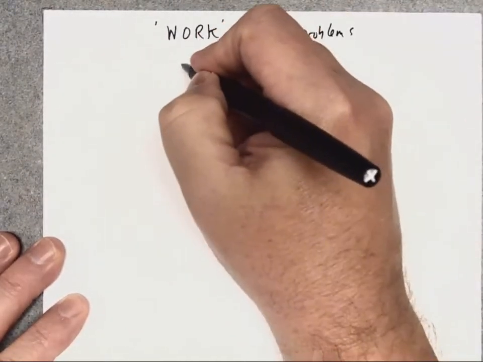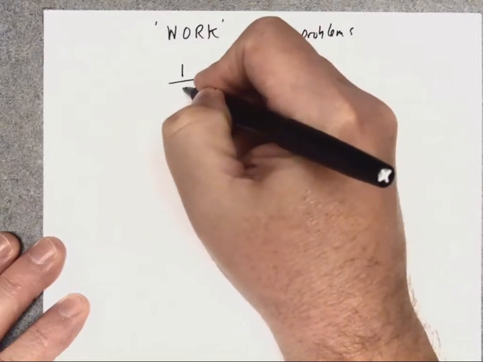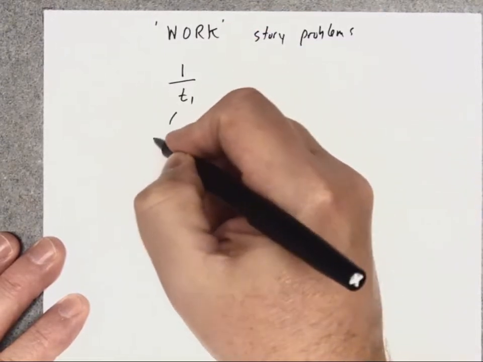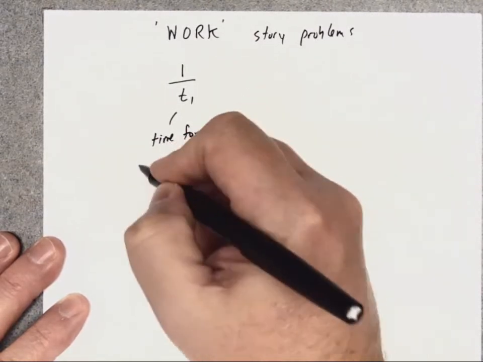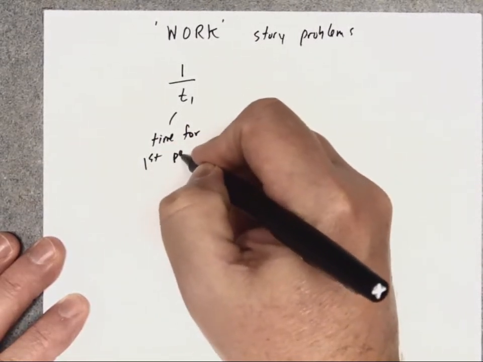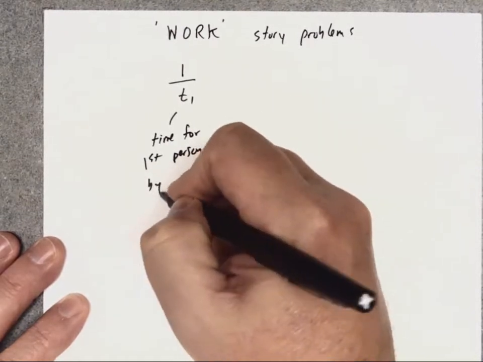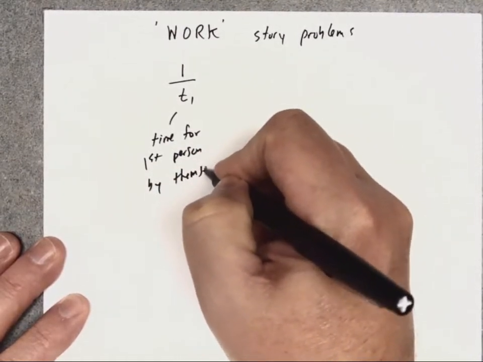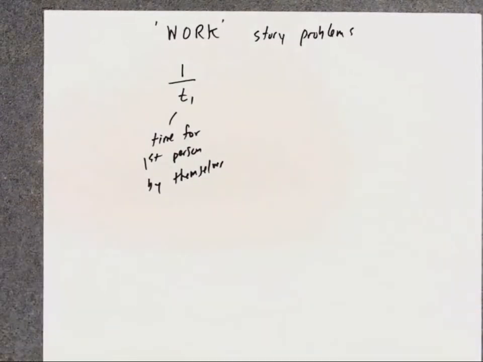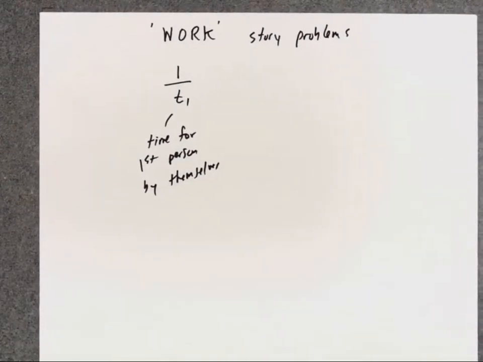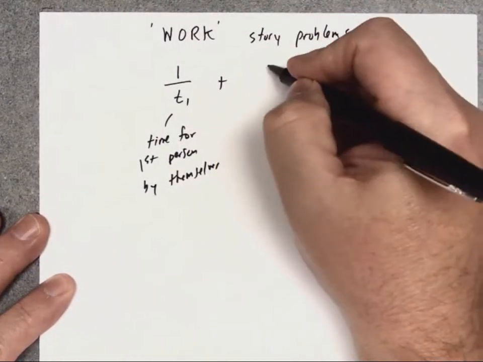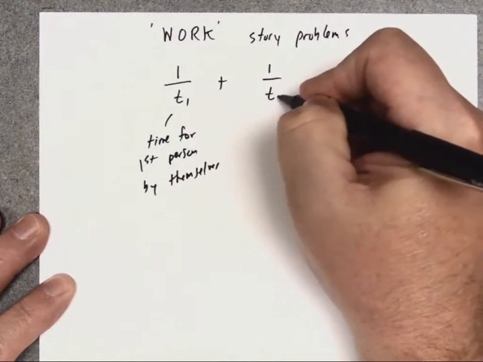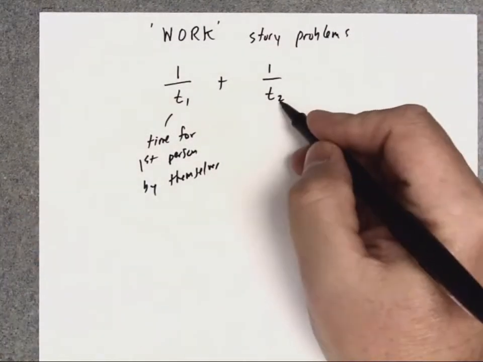Here's what you do. You write a fraction, 1 over T1, T1, the time for the first person. So T1 is going to be the time it takes the first person to do the job by themselves. Now I'm going to say plus 1 over T2, T sub 2, the little 2 here.